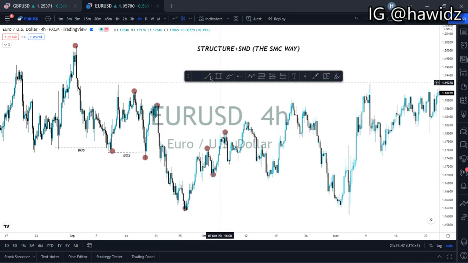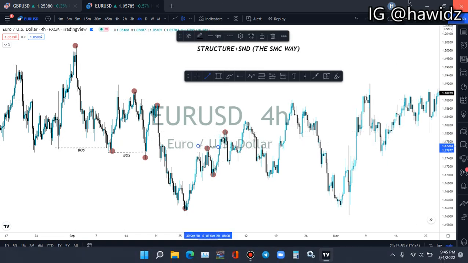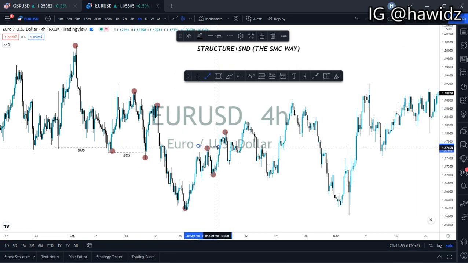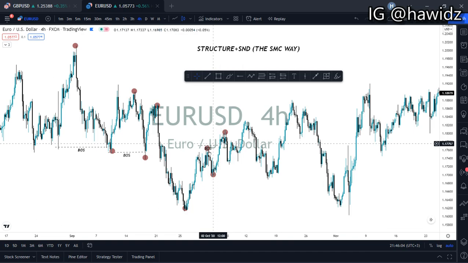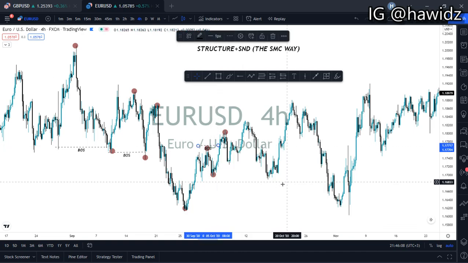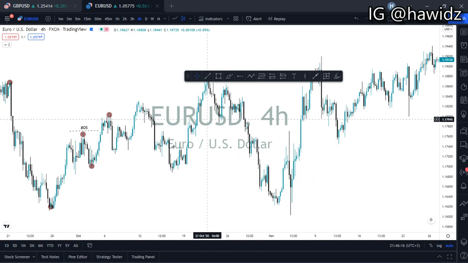The minute price came to break the structure right here, this was a clear indication that price had changed its direction. Other people may call it CHoCH, but I simply refer to them as breaks of structure. So once this structure was broken, it means that price now had initiated a move to go higher.